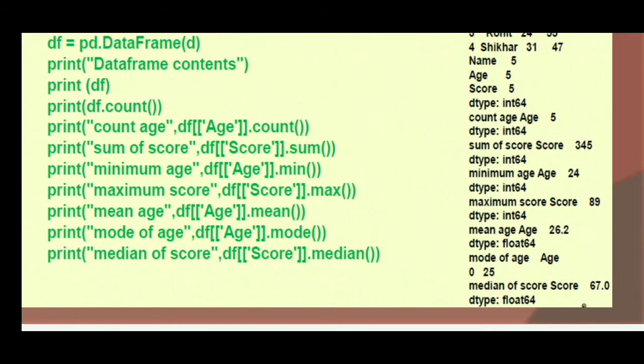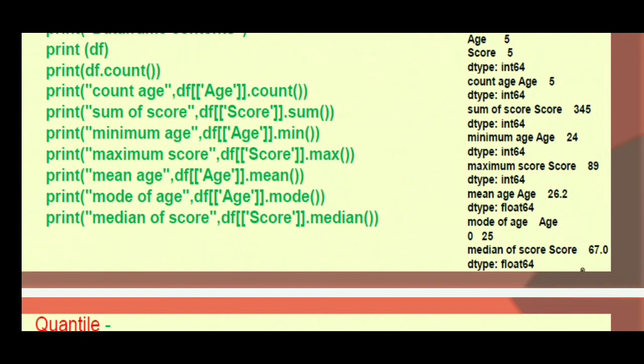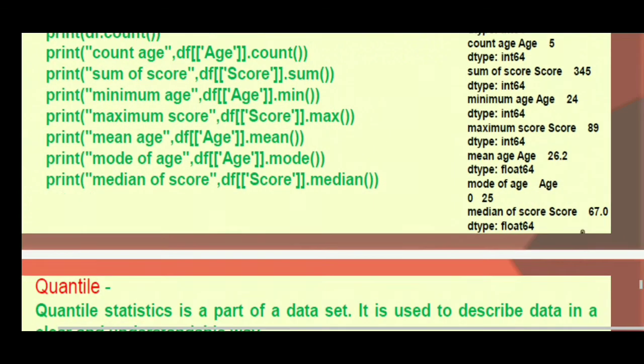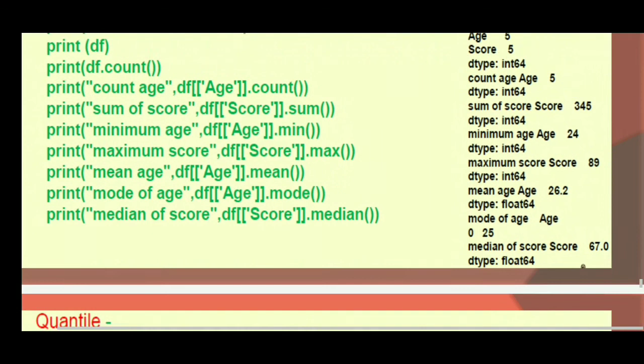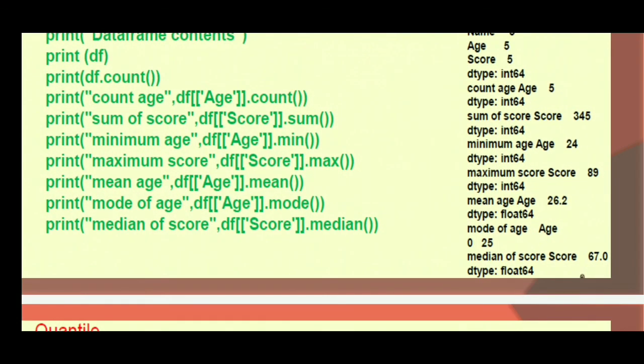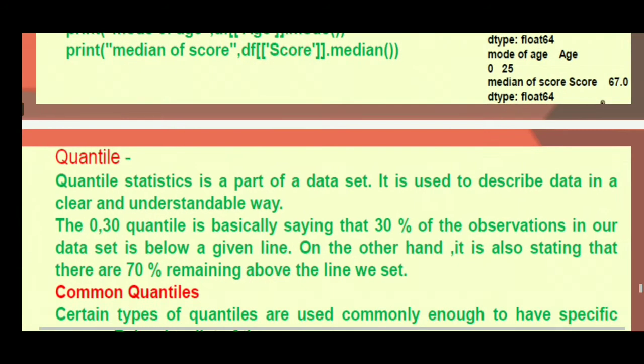Minimum age 24, maximum score 89, mean age 26.2. Now it has calculated the mean of age. Then mode of age shows 25, and median of score is 67. So when you use these functions, it shows the record in aggregate or single format.